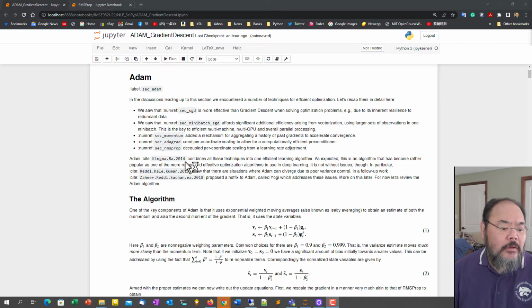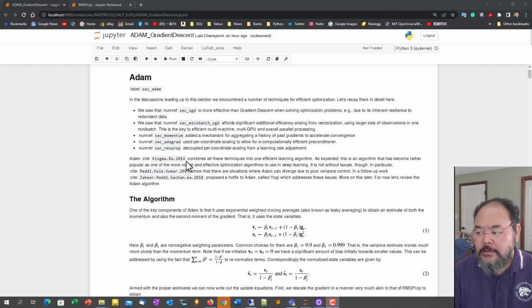Adam was proposed not long ago. It's 2014, about 8 years ago, and this algorithm was originally proposed for machine learning, and it shows to be most effective. I want to demonstrate the effectiveness is not only for the so-called nice functions, the convex functions. The Adam algorithm is more for global optimization.